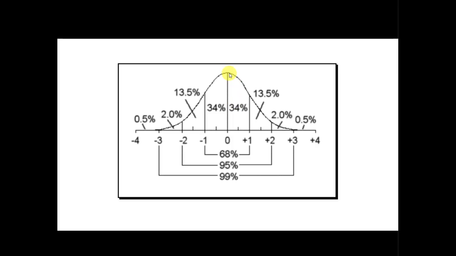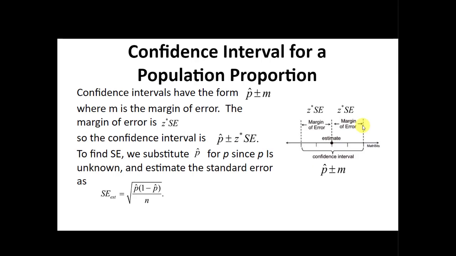Note that although I use the word mean here, and we've been working with proportions, instead of the mean being in the center, the sample proportion or the population parameter proportion would be here in the center. In order to calculate the confidence interval, you need the information about where you estimate the true population to be, based on your sample.